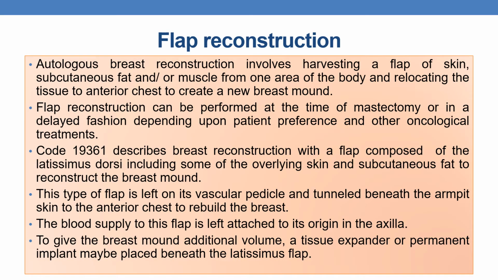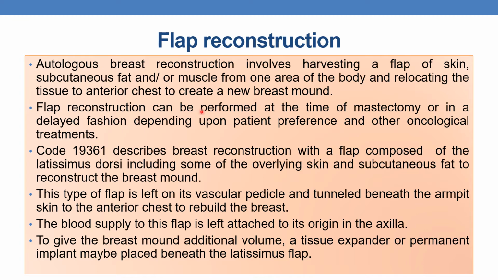Now coming to flap reconstruction. Autologous breast reconstruction involves harvesting a flap of skin, subcutaneous fat or muscle from one area of the body and relocating the tissue to the anterior chest to create a new breast mound.